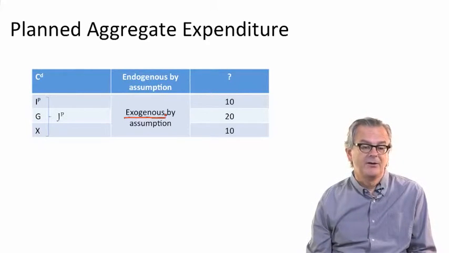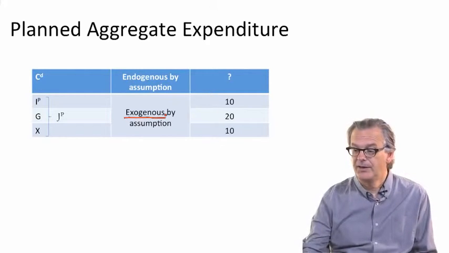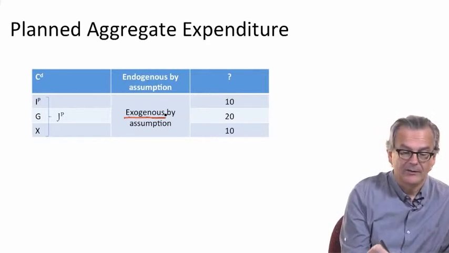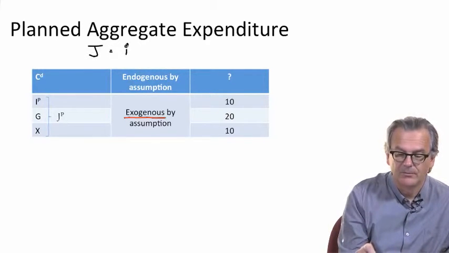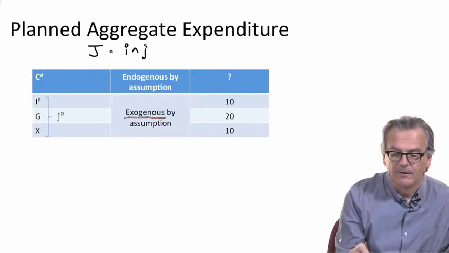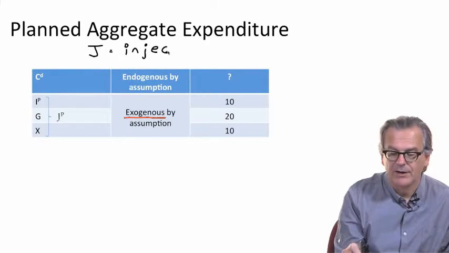Collectively, we're going to label those three components using the letter J with a superscript P. Now, in macroeconomics, J stands for a term known as injections.